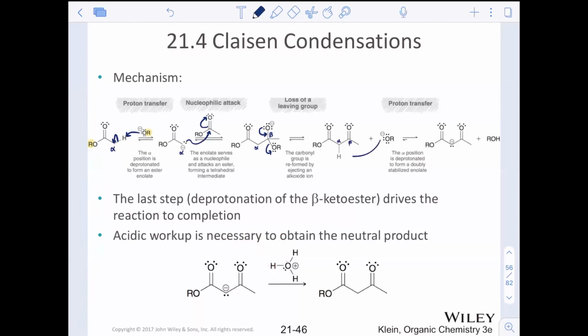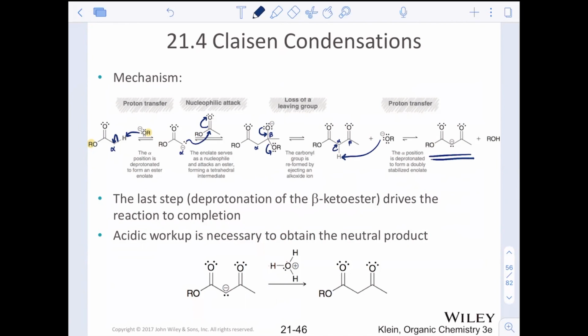Now we do have a last proton transfer step because now we have created an alpha carbon that is more acidic. So this is our final product after step number 1. It is the deprotonated alpha position, and it's doubly stabilized by both carbonyls, so it's extremely stable. Now, the last step is what drives the reaction to completion.